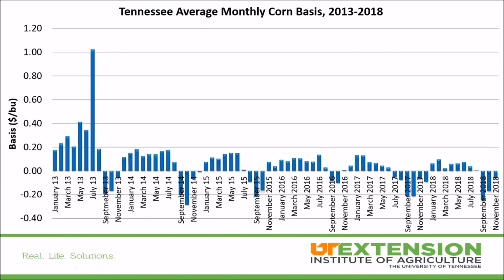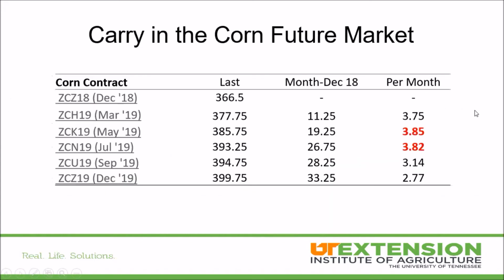So that's a consideration. If you do want to look at fixing the futures and letting that natural basis improvement happen, you'd have to take a look at what the January basis is doing in individual locations. Carry in the corn futures market.